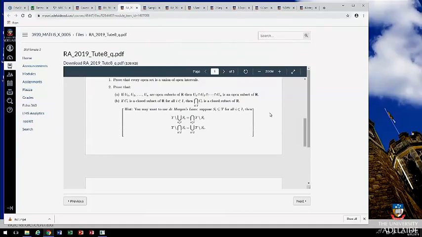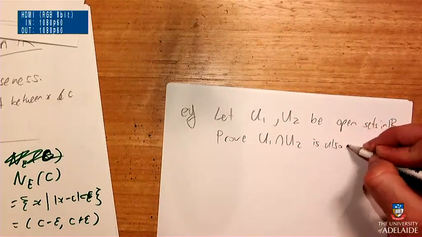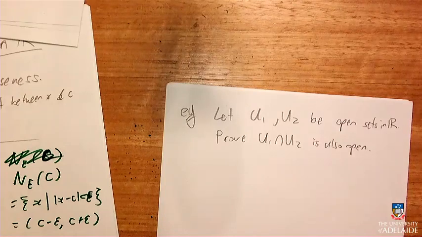Prove that, letting U1 and U2 be open sets in R, U1 intersection U2 is also open.